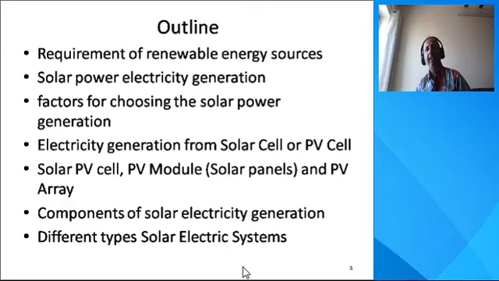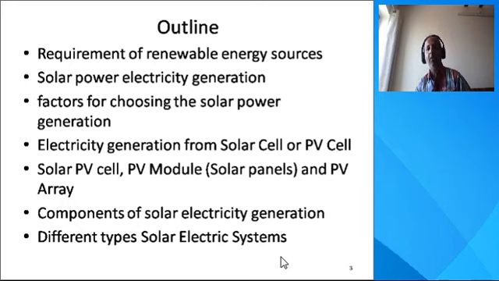One is that they are producing the pollutants, and other we are having limitations of fossil fuels, that they are going to be finished after some time. So we should go for such sources which can produce the energy for a long time, that are known as the renewable energy sources. So we must concentrate on the renewable energy sources.